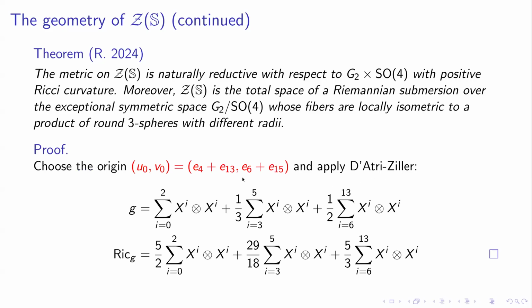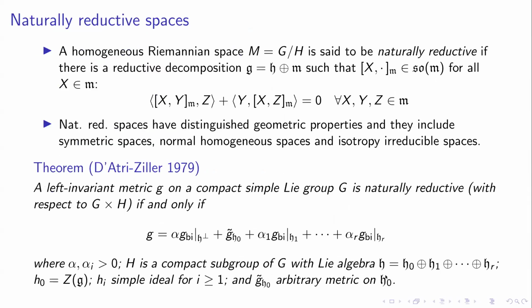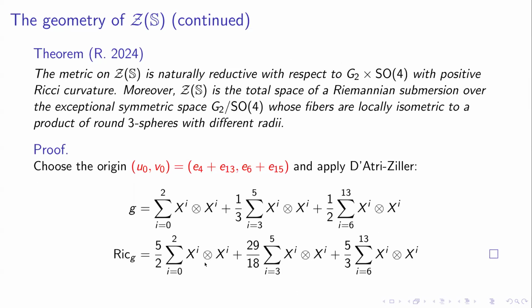We use that theorem, and we have to write down the metric in the Lie algebra, which has the following form. In this case, this H is SO4, so there is no center. We have the two ideals, the SO3s.